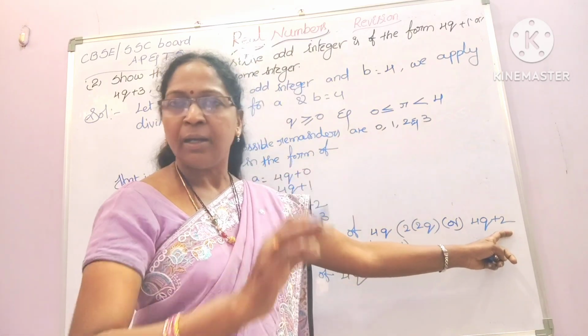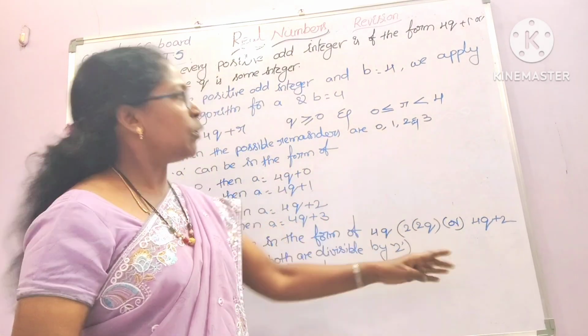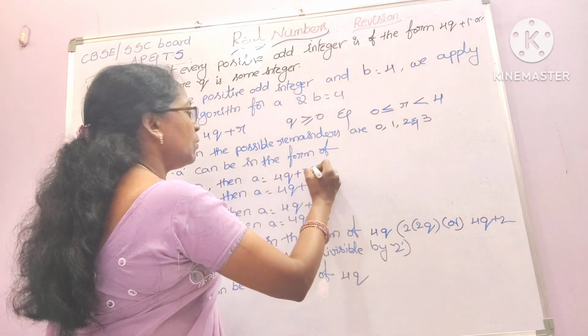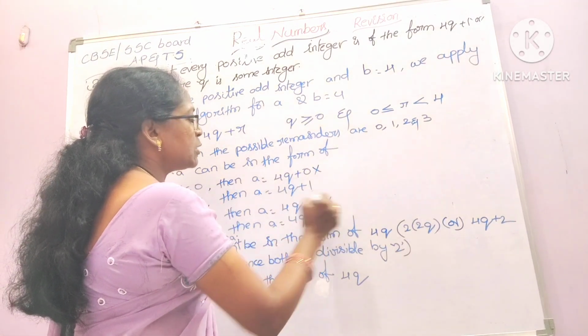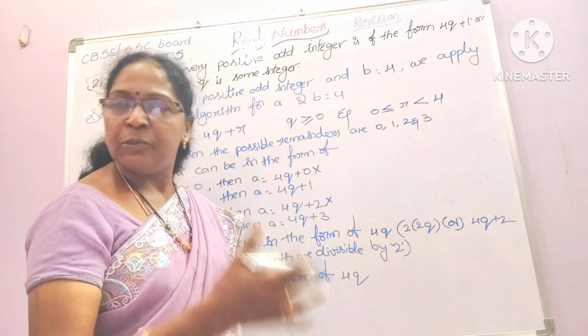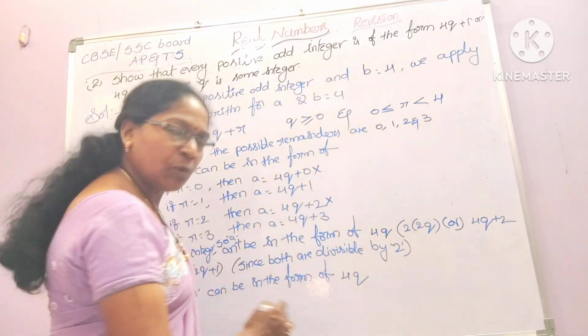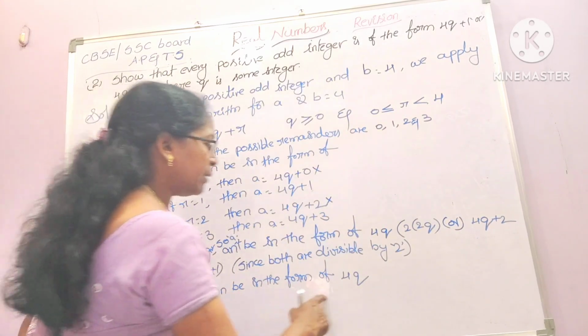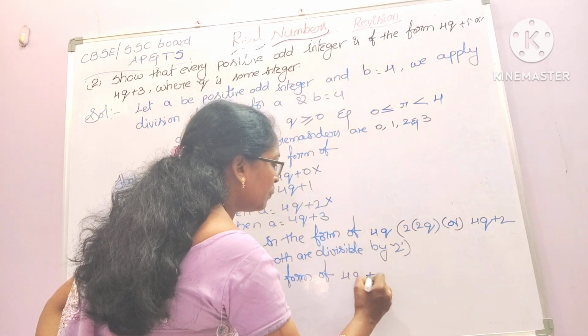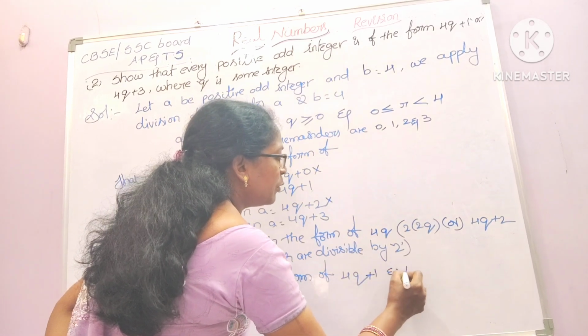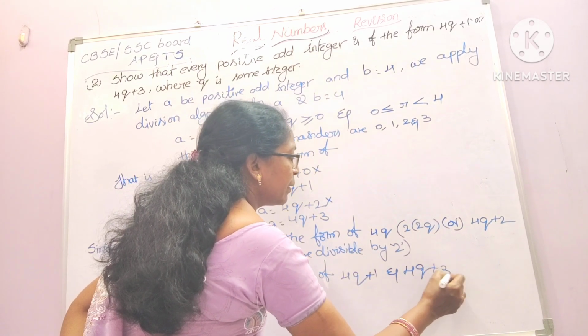Those two are not the positive odd integers. So, remaining terms you have to write. 4q is not, and 4q plus 2 is also not in the form of a positive odd integer. Remaining two terms are in the form of positive odd integers. Hence, A can be in the form of 4q plus 1 and 4q plus 3.